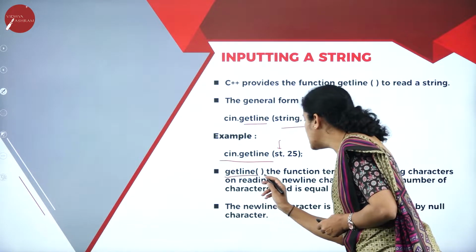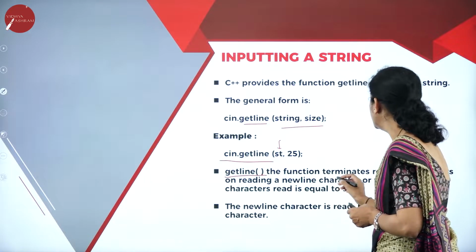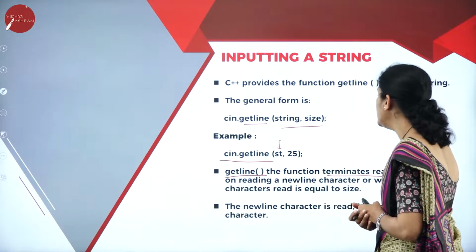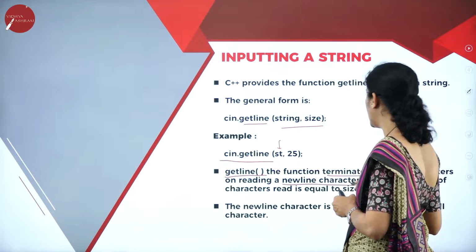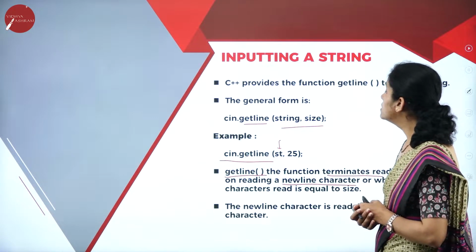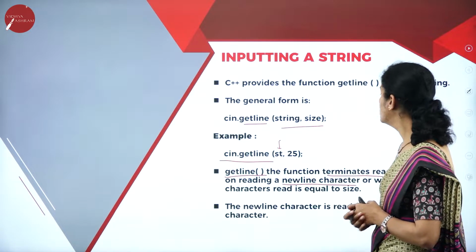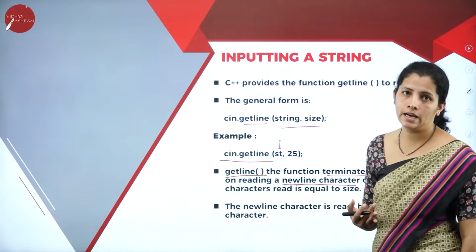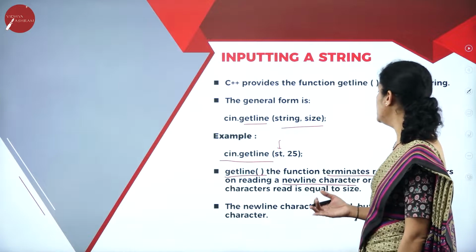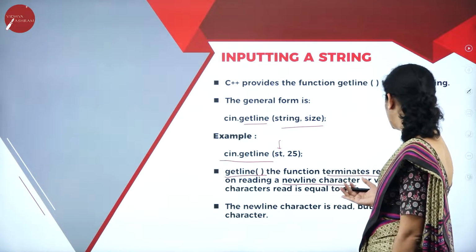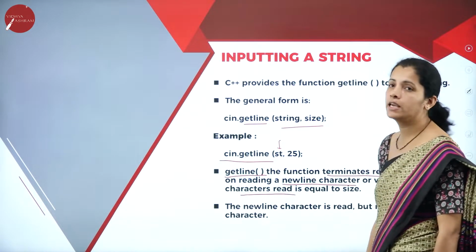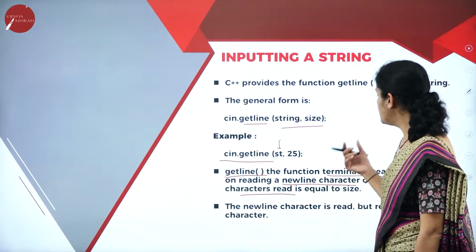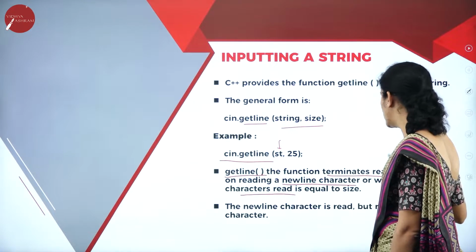The getLine function terminates reading characters on reading a new line character, or when the number of characters read is equal to 0. So how is this function going to terminate?